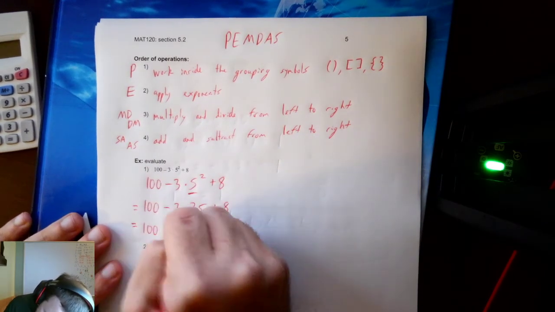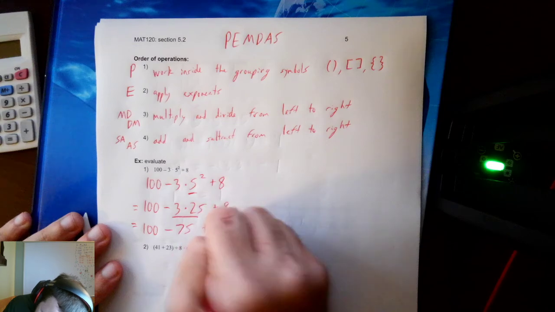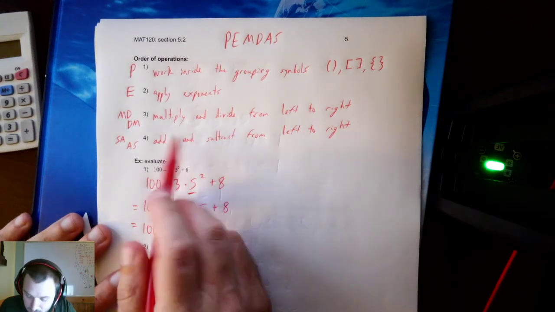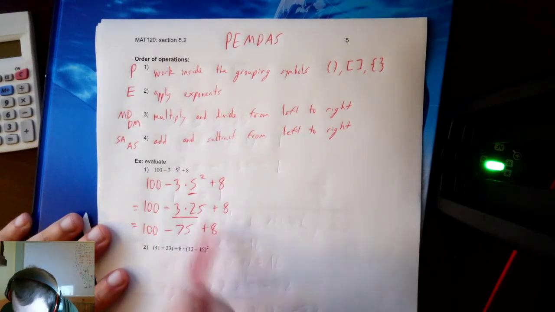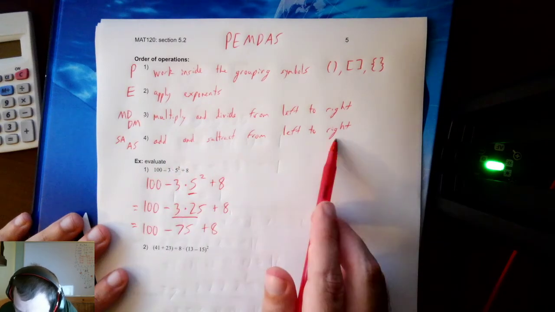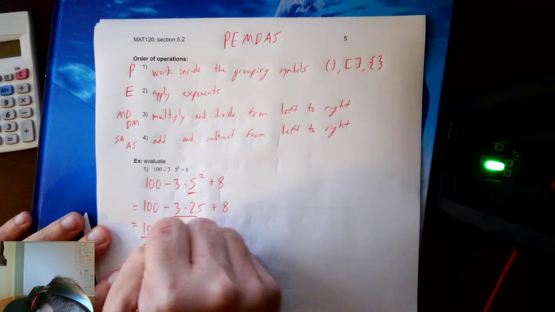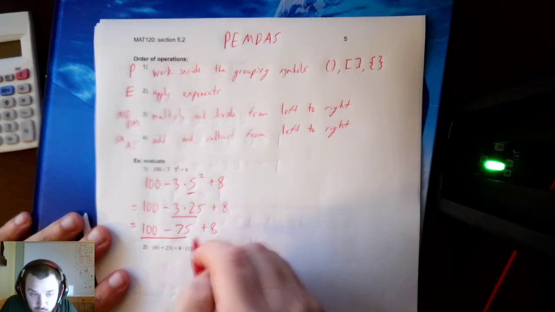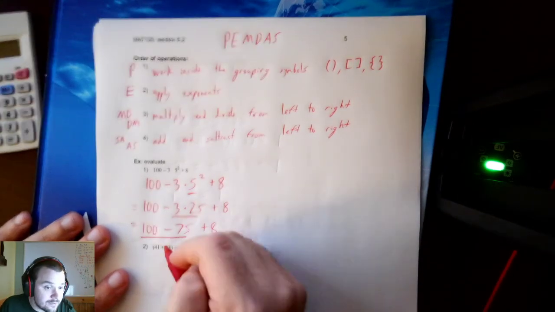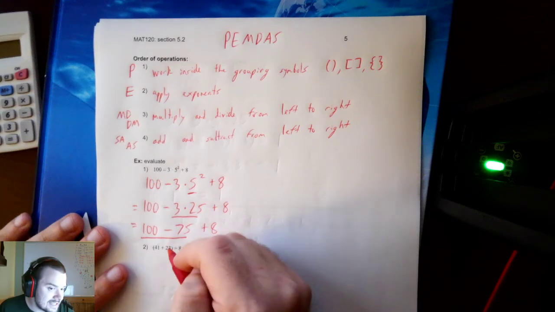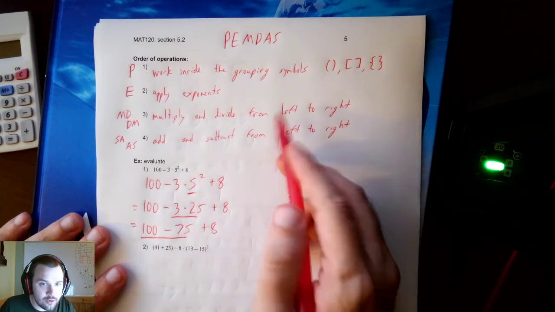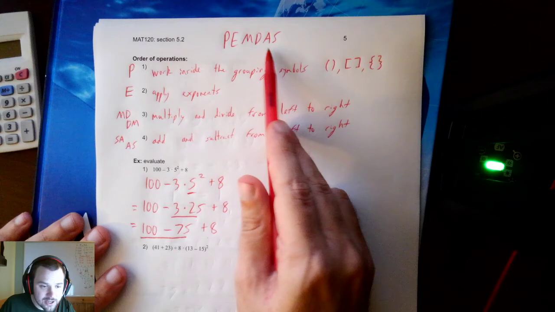Now I have 100 minus 75 plus 8. There are no more multiplications or divisions, so I move down here. I add and subtract from left to right. So I go left to right. I subtract first. I do not add first. Make sure you don't mess that up. It can be easy to get confused, especially if PEMDAS is stuck in your head.